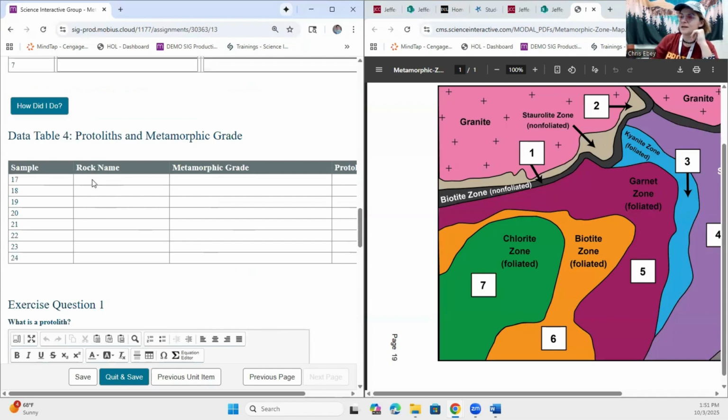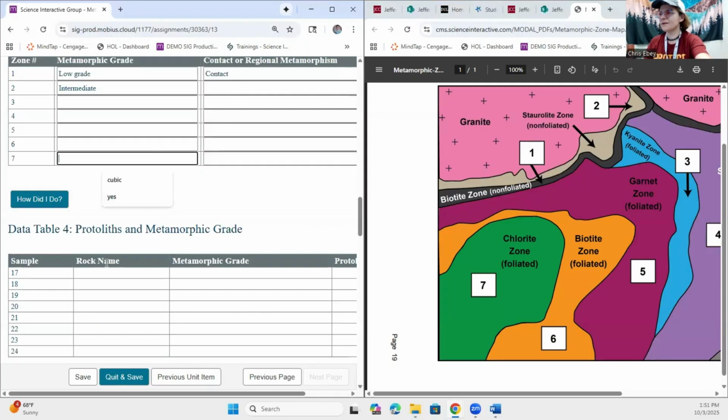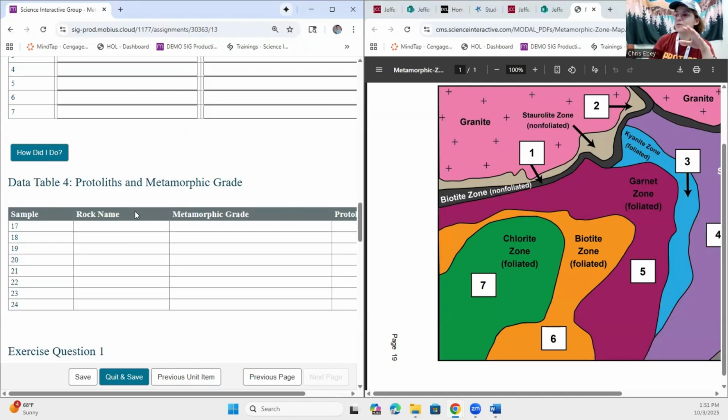So these are the samples that you had in your lab. It's not letting me fill it in. If that happens to you, just email me. But this is as simple as going back to the charts in the exploration portion. So you put the rock name here.